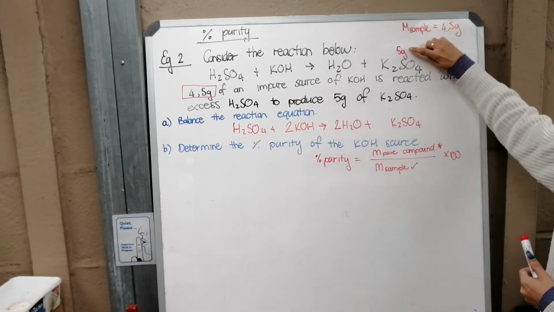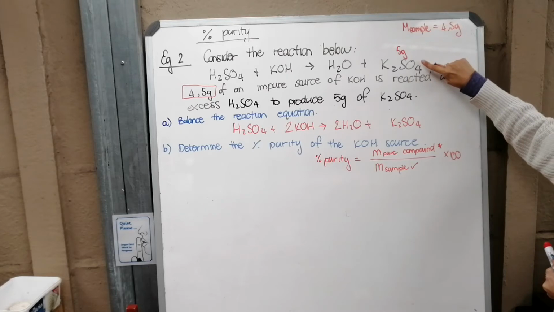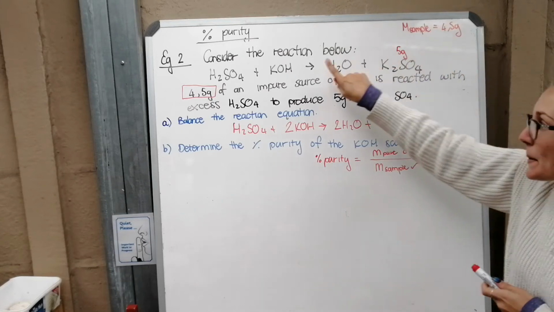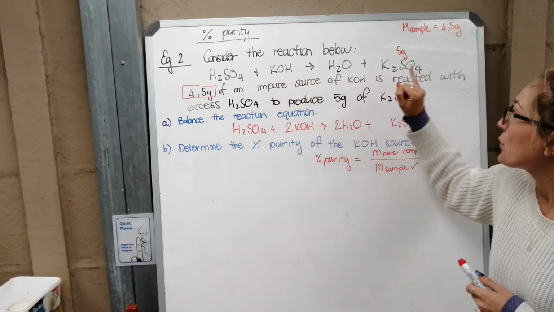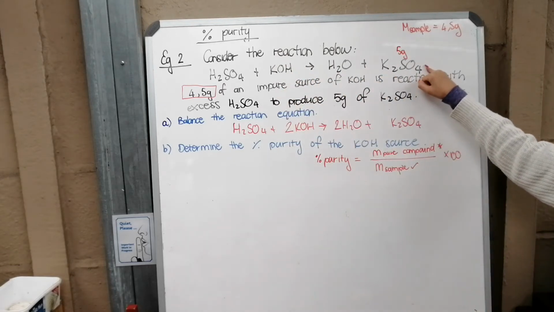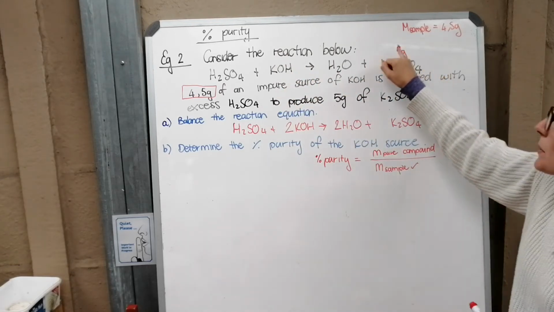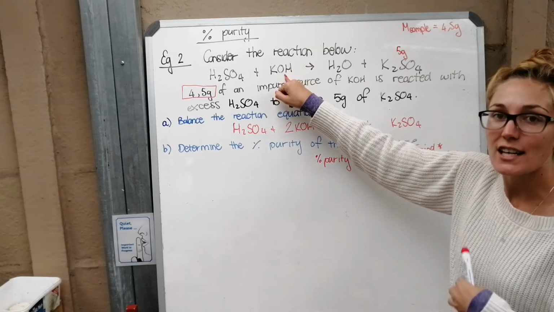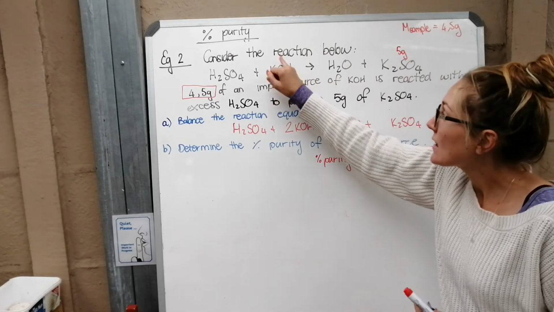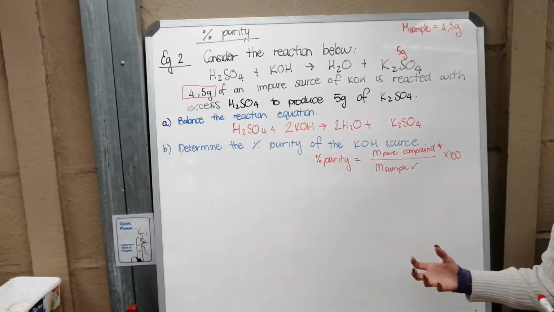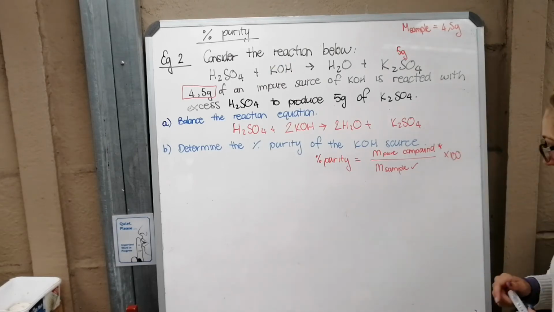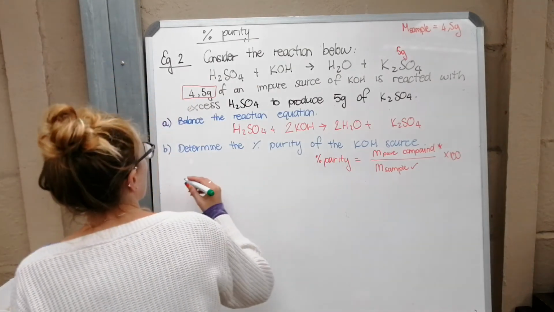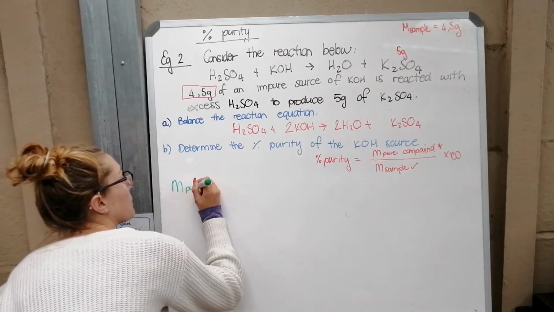This 5 grams is the mass of potassium sulfate, not the mass of potassium hydroxide. But we can work backwards. If we know how much potassium sulfate was produced, we can determine how much potassium hydroxide reacted. And that potassium hydroxide that reacted, that would have been the pure compound within our impure sample. Okay, so we need to figure out the mass of pure sample.